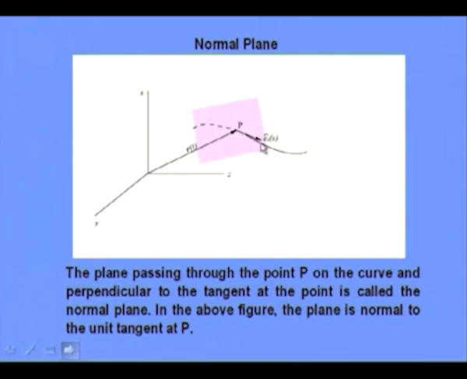Draw a tangent at this point, that is ETS, and this plane is perpendicular to the tangent line. So, this curve is coming out this side and that side it has been shown by dotted. This plane is normal to the unit tangent at P and is called the normal plane.